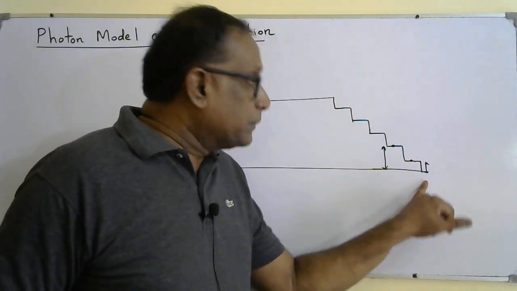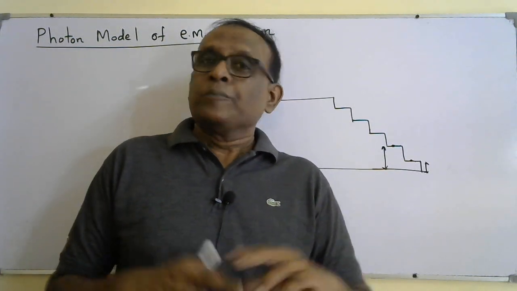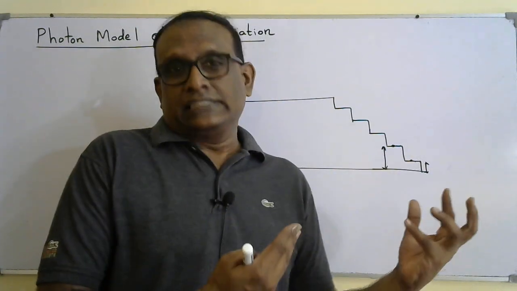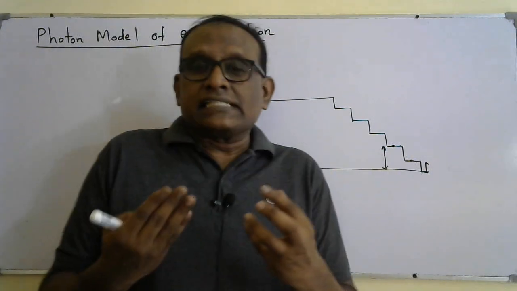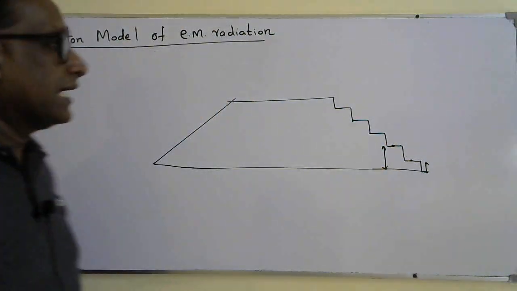Only certain amounts of GPE he can gain. Anyway, nothing related to the photoelectric effect or quantum physics, but an analogy to help you understand the difference between continuous and quantized. I use this example.